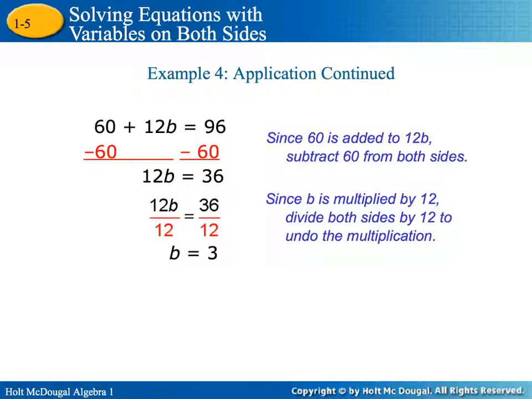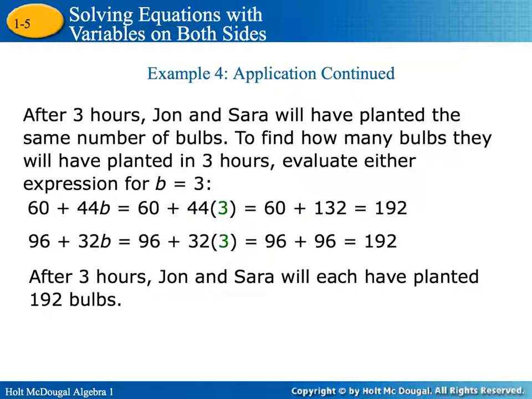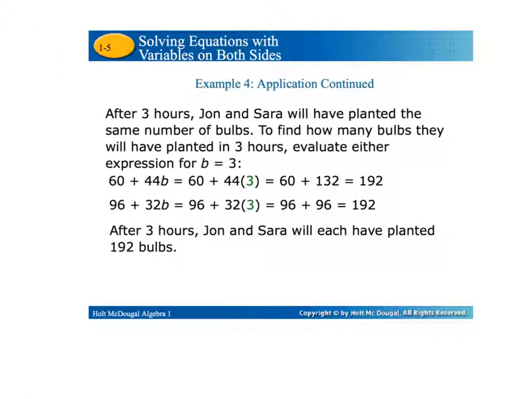We will subtract 60 first and then divide by 12. So after 3 hours, John and Sarah will have planted the same number of bulbs. And they would have each planted 192 bulbs.